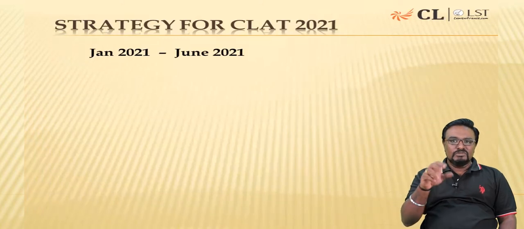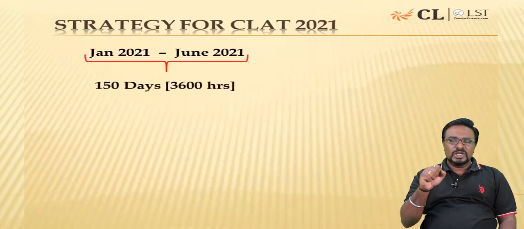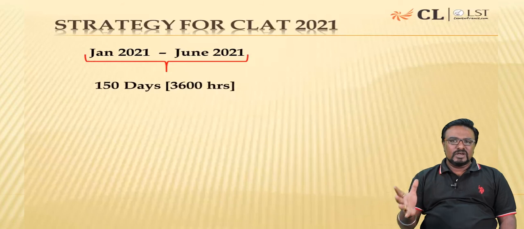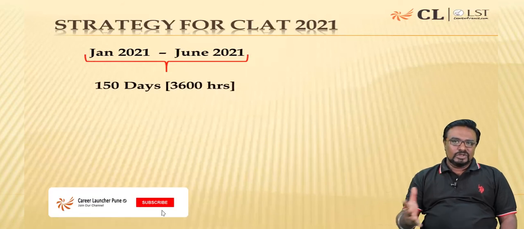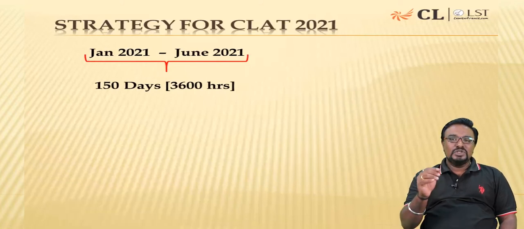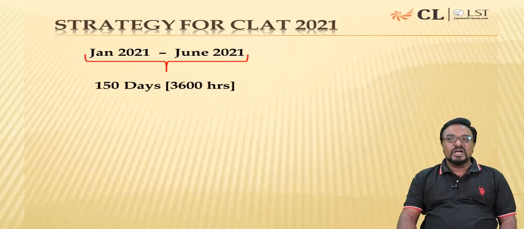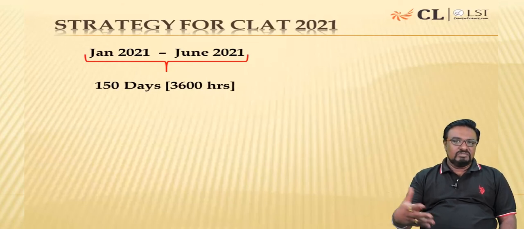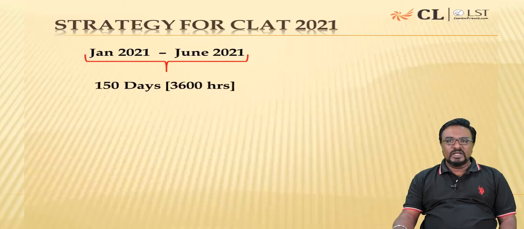If I do some numerics on it, this is almost 150 odd days, which is almost equivalent to 3,600 hours. How much do you think is actually required from these 3,600 hours for CLAT? Some of you might come up with 1,500, 2,000, or half of it.